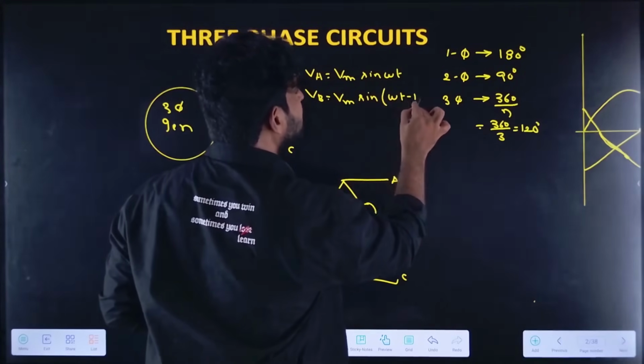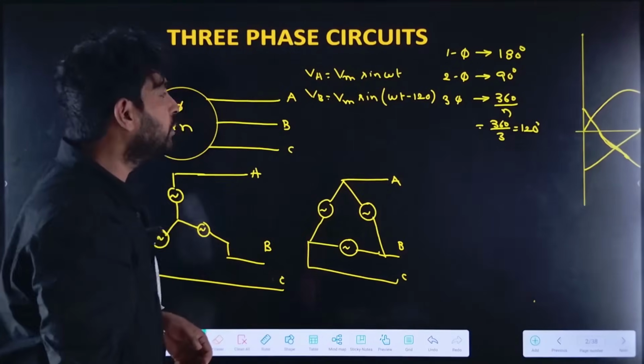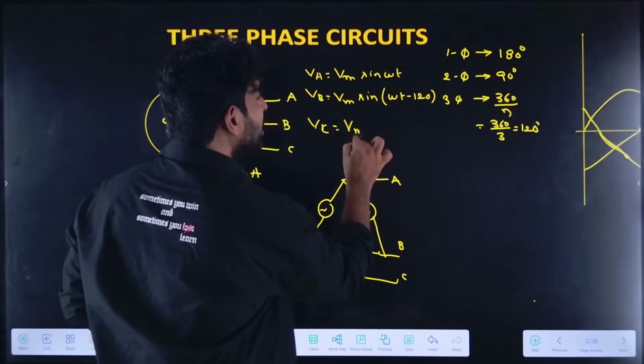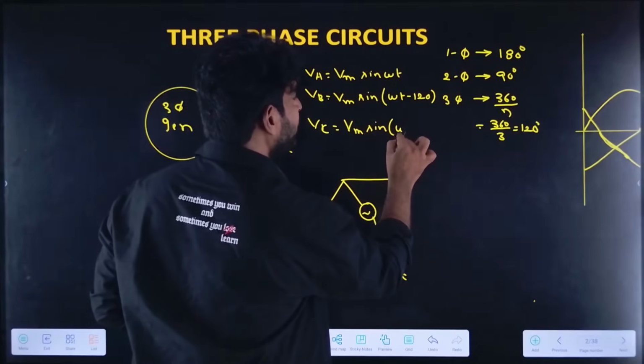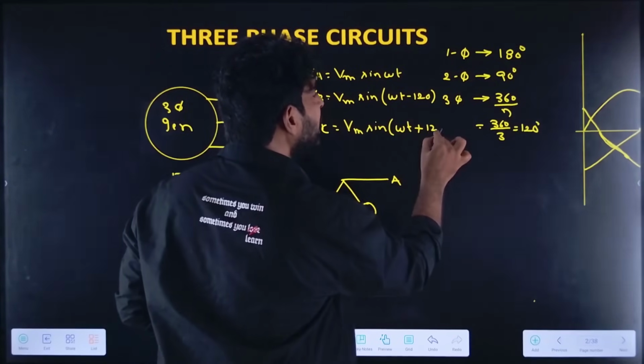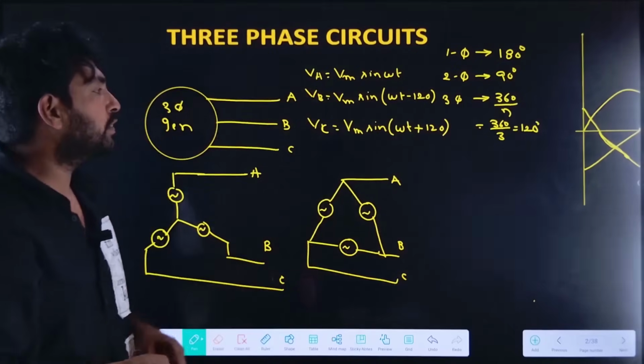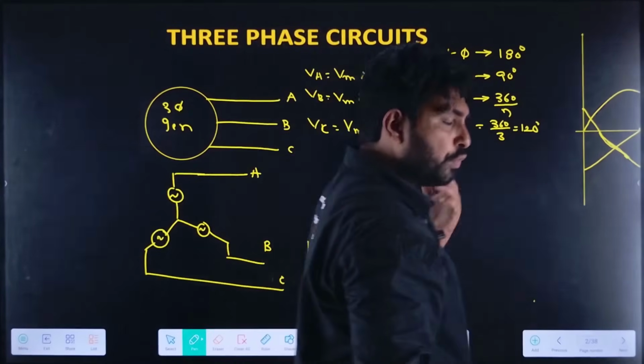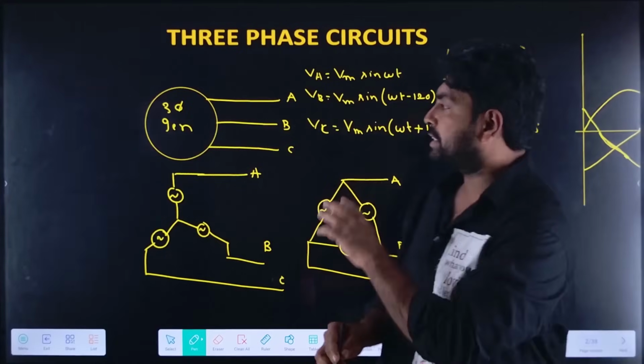So we represent it as Vm sin(omega t minus 120). And VC is Vm sin(omega t plus 120), or minus 240. Either of these we can represent, so minus 240 or plus 120. So VA, VB and VC can be represented like this.